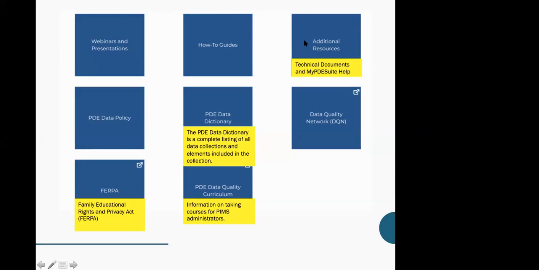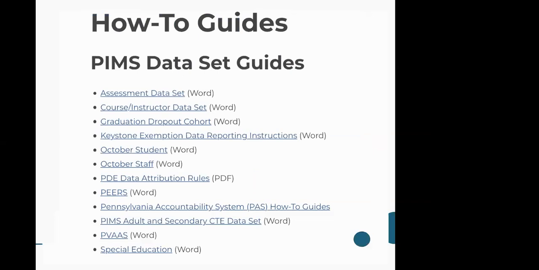These are technical documents and My PDE Suite help, a data dictionary. Oops, gotta go back here. This is a data quality curriculum. That's also good information because it's showing you where you can take courses if you're a PIMS administrator. And we've got a shortcut to our DQN network as well.